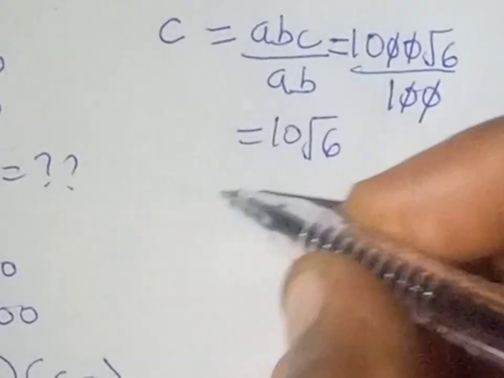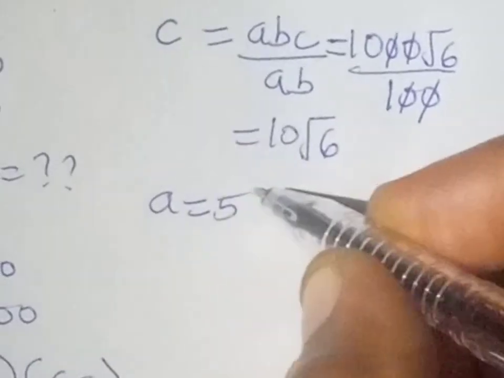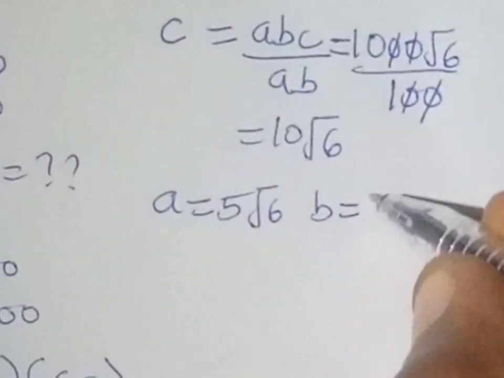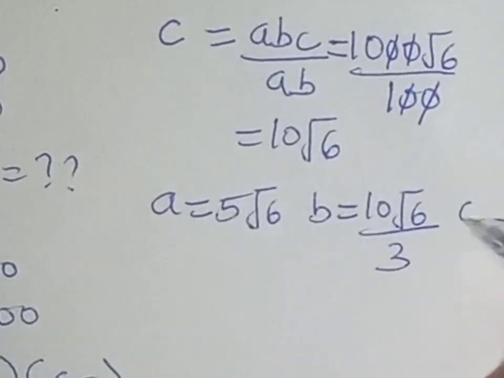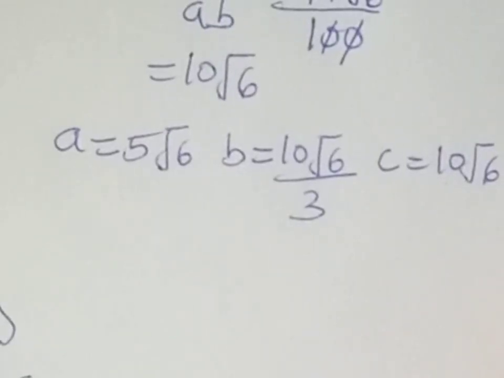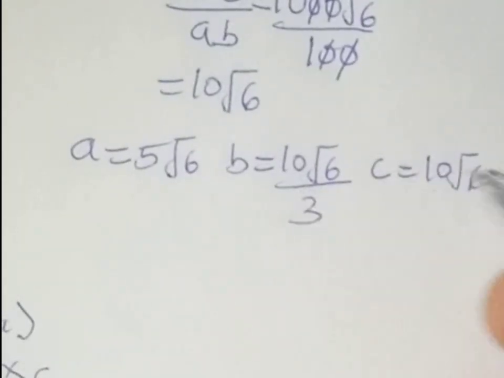At the end of the day, our A equals 5 root 6, B equals 10 root 6 divided by 3, and our C equals 10 root 6. The next thing is we shall be adding them together.